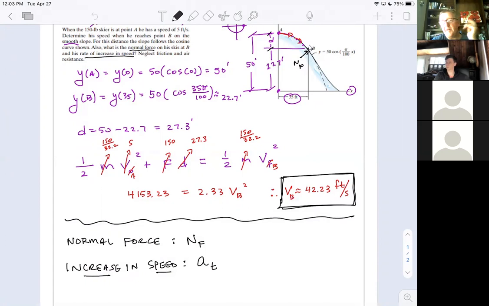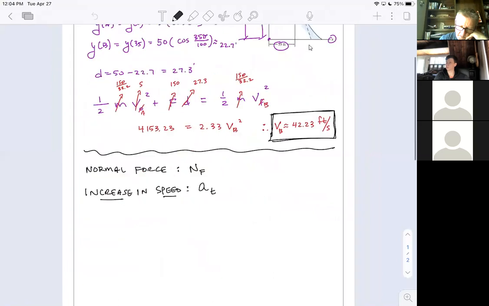Like draw a free body diagram and figure out how much of your force is going in each direction. Even if you don't know what to do, just start doing what you know how to do. Maybe I'll get the radius, like Ewald said. I don't know if I'll need that, maybe I won't, but start somewhere. Sometimes these problems can look daunting, but you just think, well, let's just go figure stuff out.